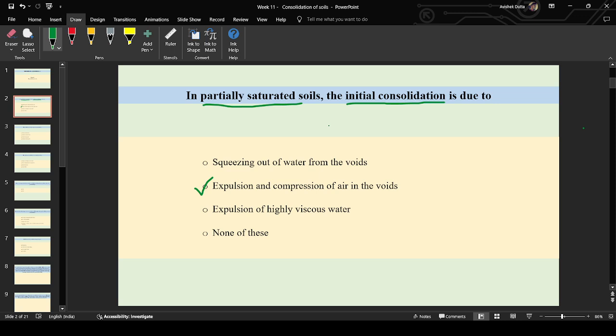So even if you go for a consolidation-like process, the initial consolidation is the only stage. The primary and secondary consolidation stages will not be there, theoretically, for dry soils. So in partially saturated soil, the initial consolidation is due to expulsion and compression of air in the voids. Okay, next question.